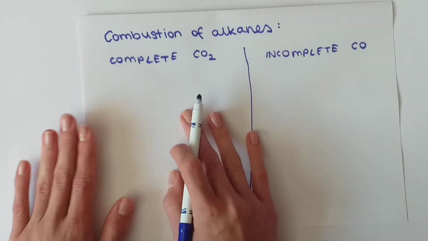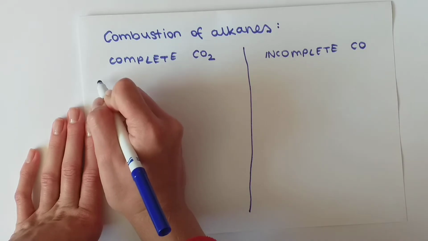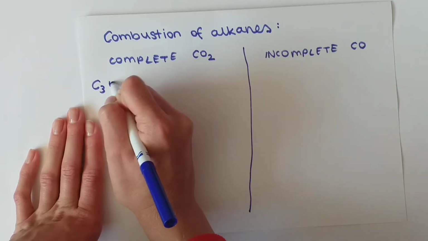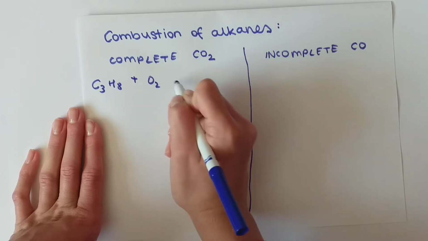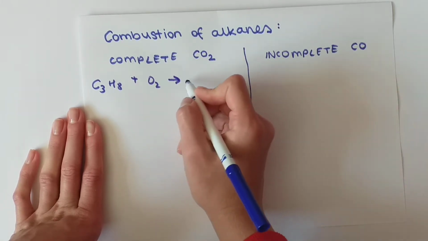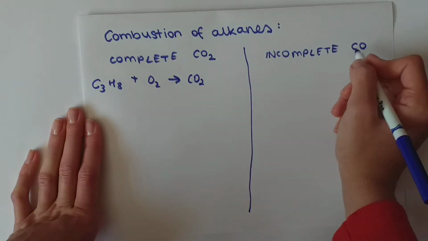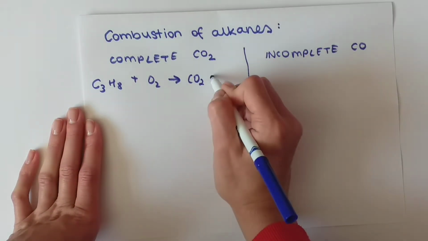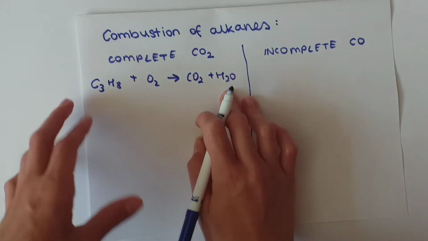So I'm going to start off with an equation, and this equation is going to be the combustion of propane. We add oxygen, and every time we have a combustion, the only two products that we're going to get are carbon dioxide, or carbon monoxide in incomplete combustion, and water. These are the only two products.